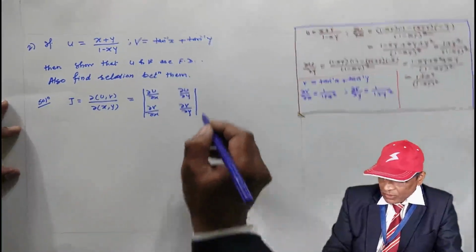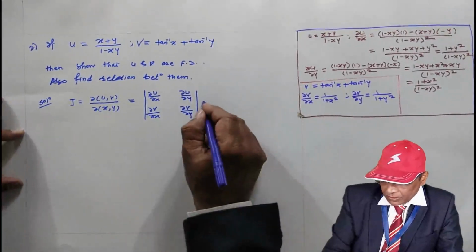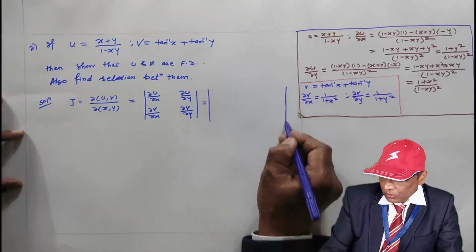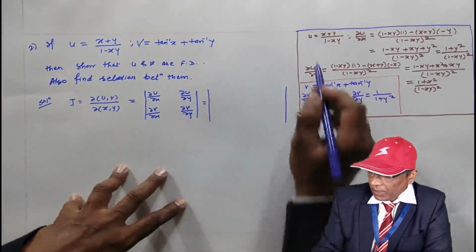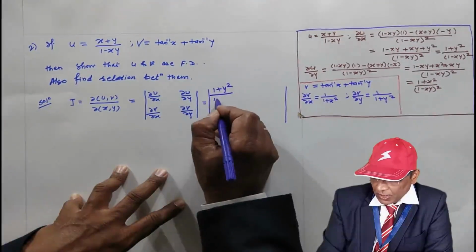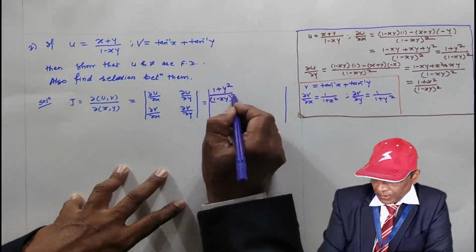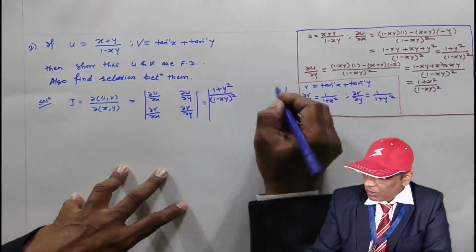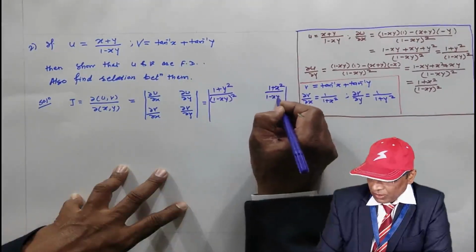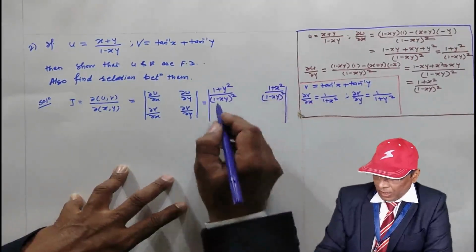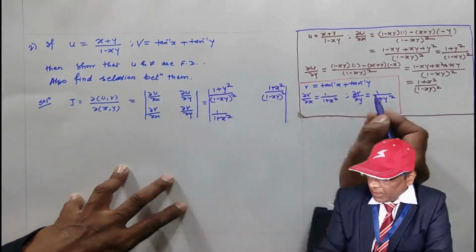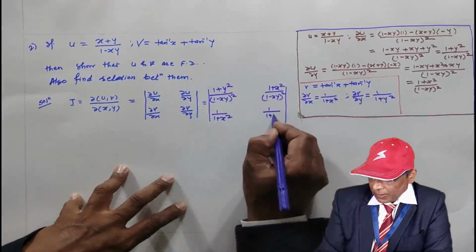Now putting those values in this determinant: del u by del x is 1 plus y square by (1 minus xy) whole square. Del u by del y is 1 plus x square by (1 minus xy) whole square, and del v by del x is 1 by 1 plus x square. Del v by del y is 1 by 1 plus y square.